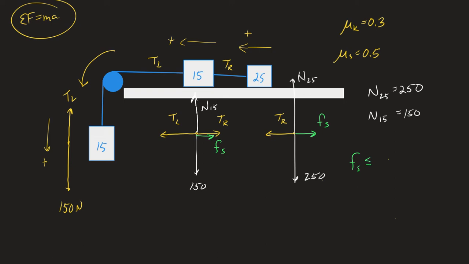So the first one's going to be 0.5 times mg, which is 250, and the other one's going to be 0.5 times 150. So this static frictional force has to be less than or equal to 75 newtons. And this static frictional force has to be less than or equal to half of 250, which is 125.